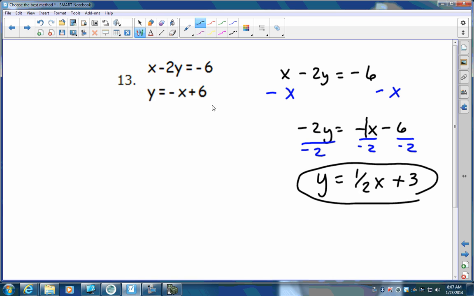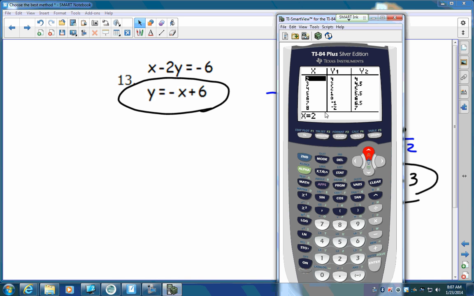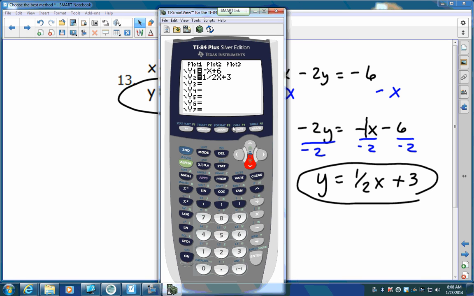Now let's put these two in the calculator. It said any method. It didn't say that I had to do substitution. So if I go to y equals, I'm going to put in there negative x plus 6, and in y2, 1/2 x plus 3.